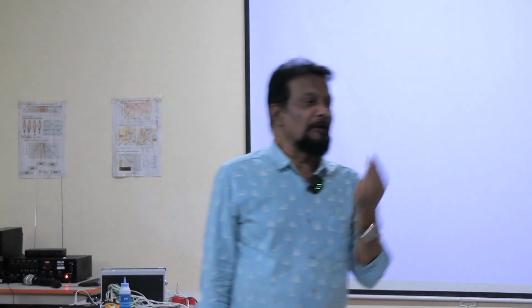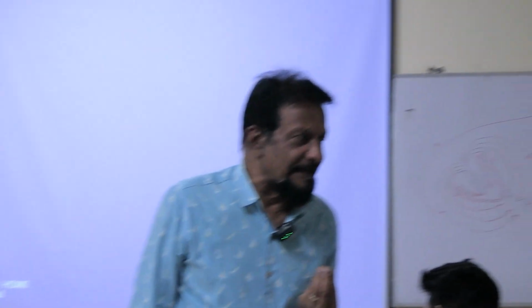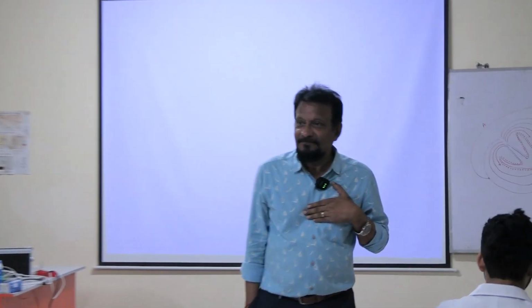One thing I forgot to tell you: what is the importance, why we are studying it, what is the utility of ECG. With ECG, what can we derive, what can we understand? One thing, we can determine the heart rate and whether it is rhythmic or there is no rhythm.